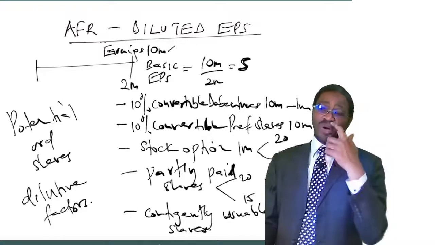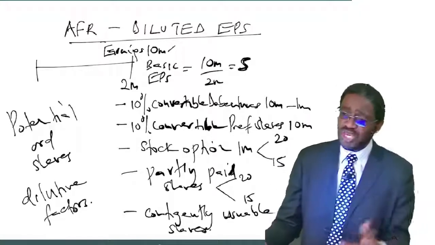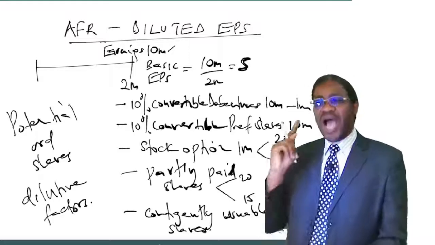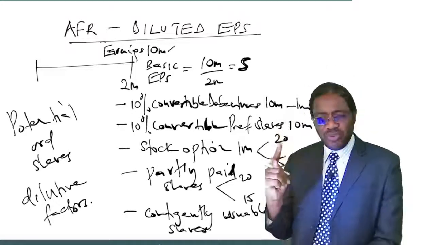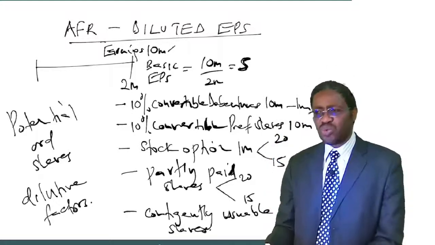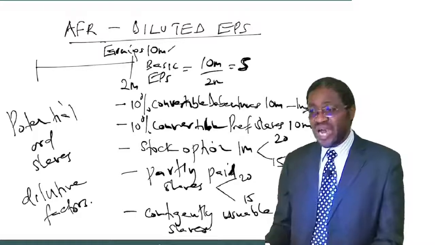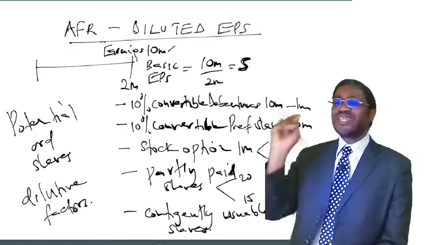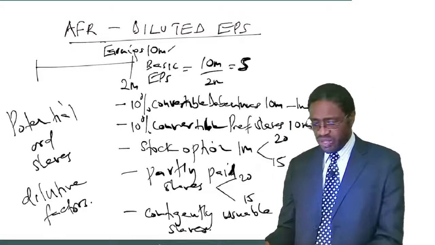We want to go through each one of them and see how we use them to compute what we call the diluted earnings per share. So let me go through each one of them.